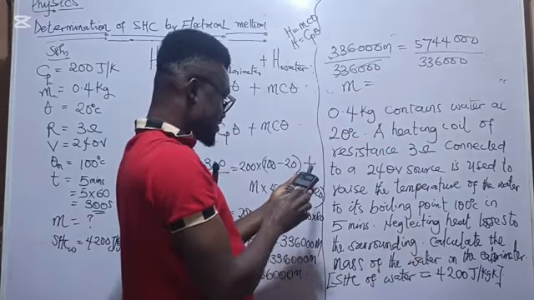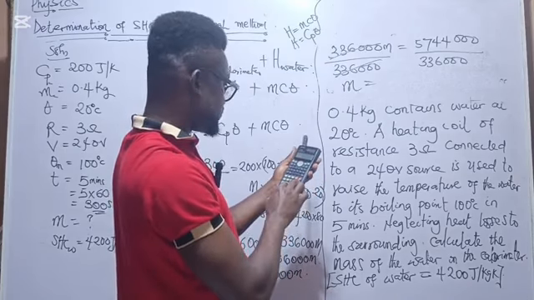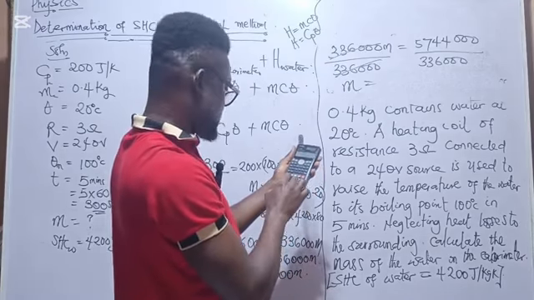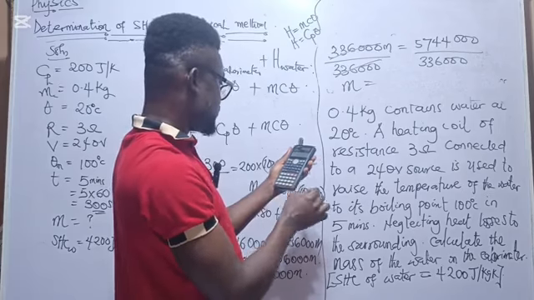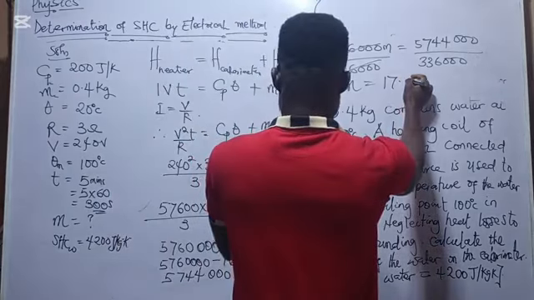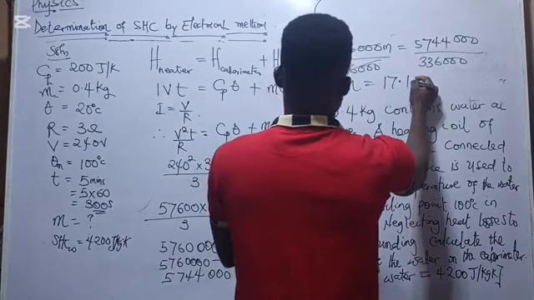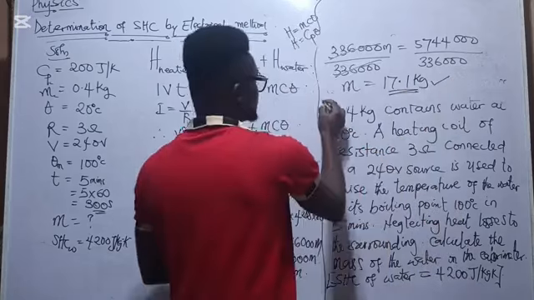So let's divide now: 5,744,000 divided by 336,000. If we do the division, we are going to get 17.1 kilogram. So that gives the answer to the question.